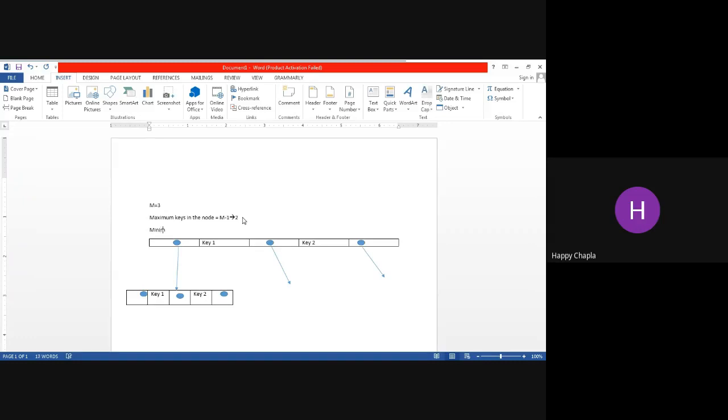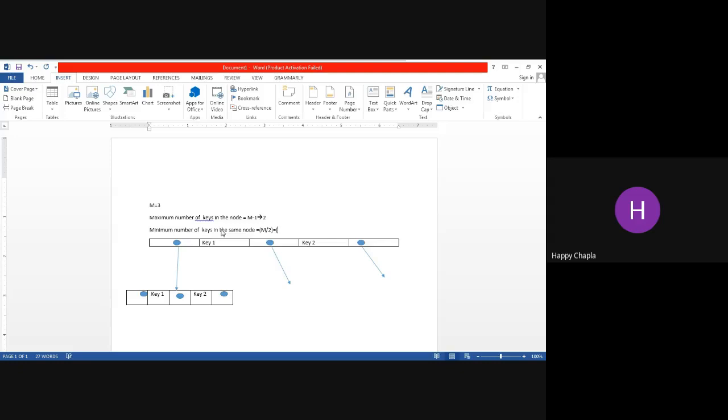Now, minimum number of keys in the same node is equals to m divided by 2 and take the ceiling value.